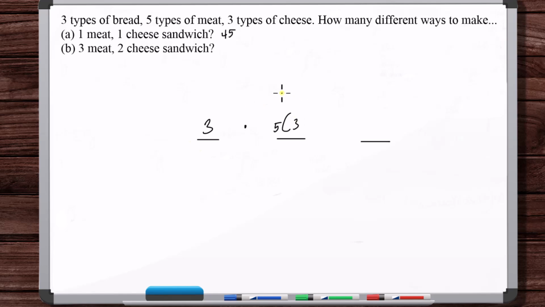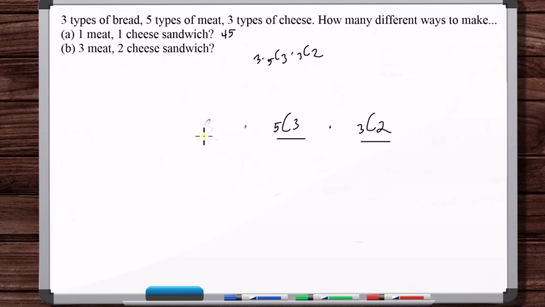Instead of just 1 outcome for the meats, there's 5 choose 3, and with the cheeses, there's 3 choose 2. So if we're required to choose 3 meats and 2 cheeses, this is potentially one answer: 3 times 5 choose 3 times 3 choose 2.